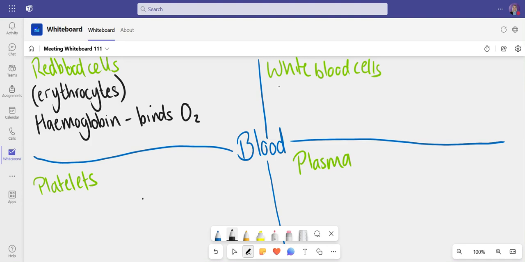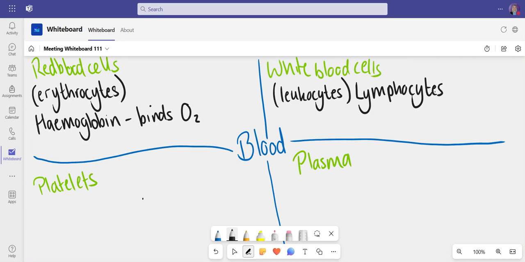Now, white blood cells have another name as well. They're also called leukocytes. And they've got a different job. They don't carry oxygen. They're involved in our immune response, our immune system. And we've got different types. We've got lymphocytes, first of all.